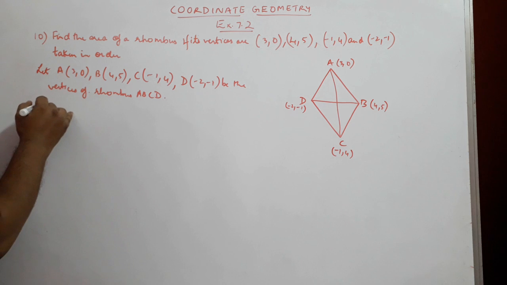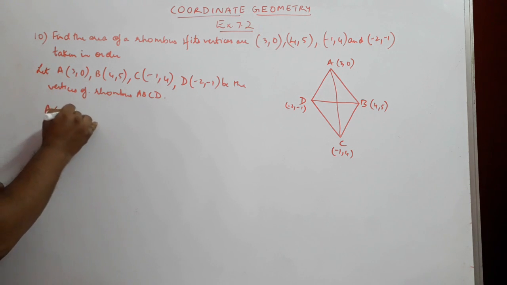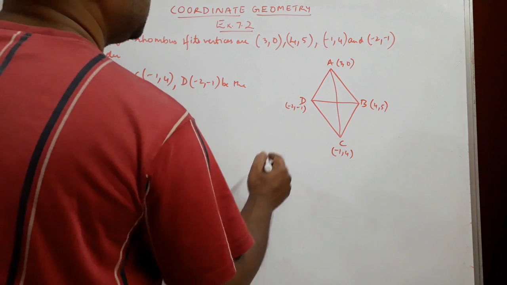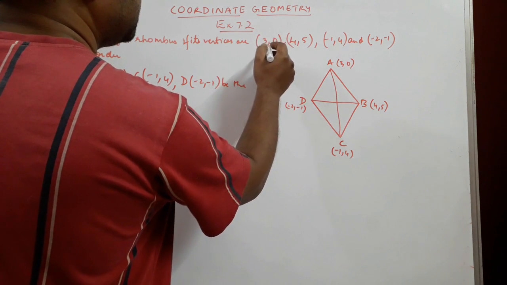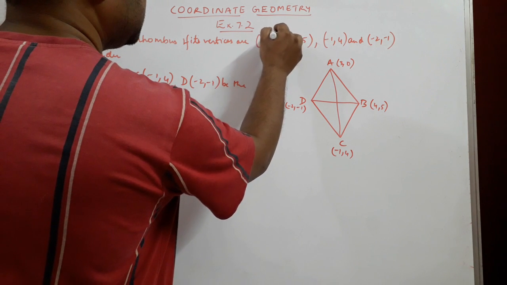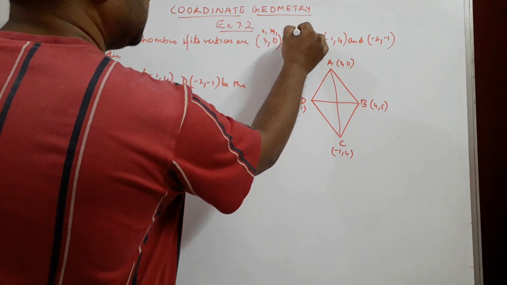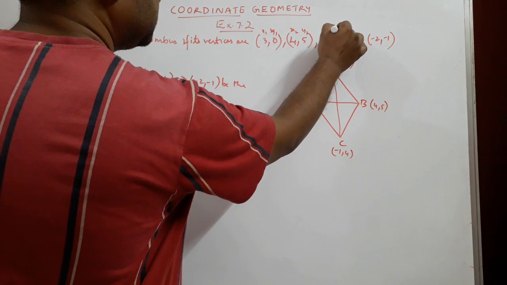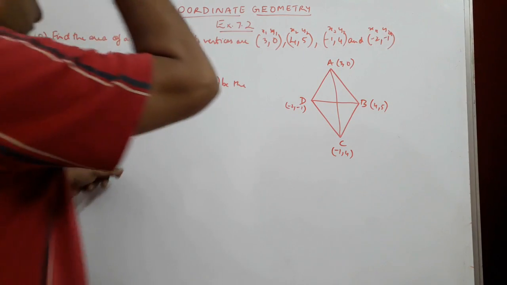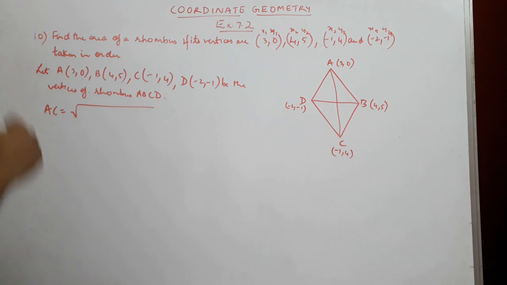Now we need to find out AC and BD. So AC will be equal to, let us take this. We'll take the points as x1 y1, x2 y2, x3 y3, x4 y4. We'll use the distance formula to find out AC.